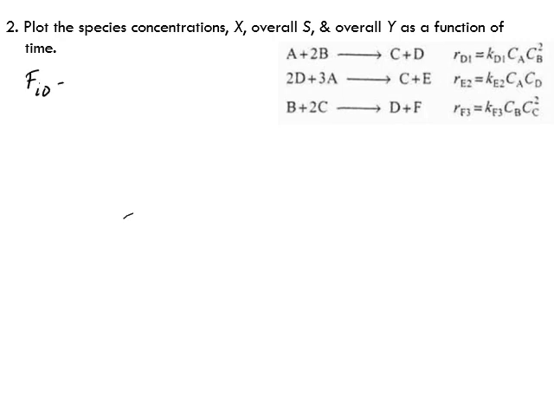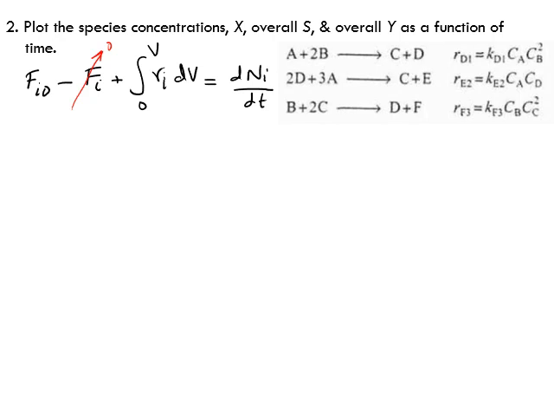The mole balance says input, which is Fi naught, minus output, which is Fi, plus generation, that is the integral of Ri dV from 0 to V throughout the whole reaction volume, equals dNi by dt. You don't have any of the species going out, so that's 0.